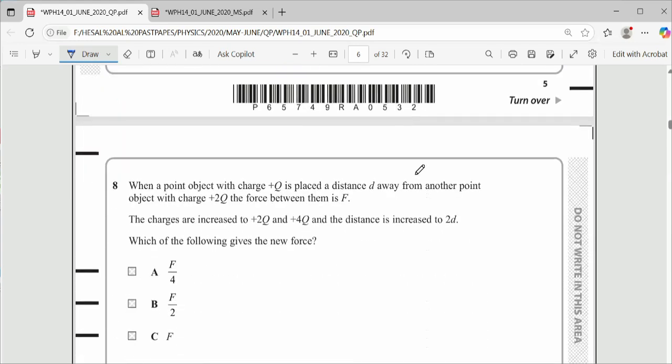Let's move to question number 8. A point object with charge plus Q is placed at a distance, one is here plus Q, the other one plus 2Q here.